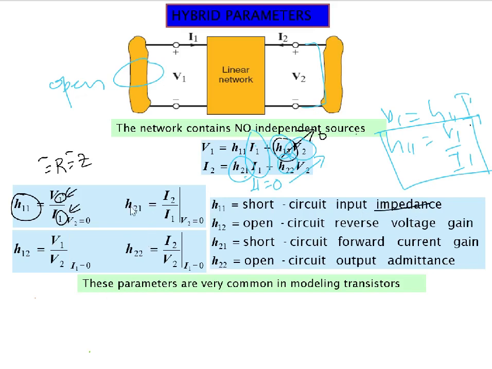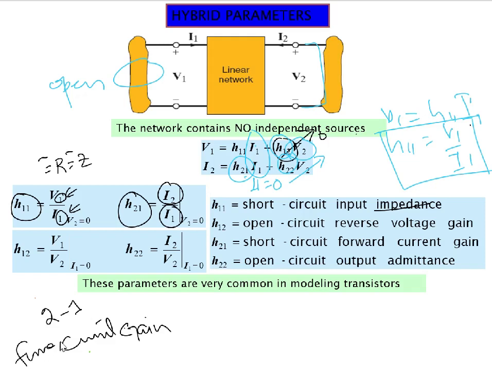If we check this value H21, it is actually I2 by I1, output by input, and both are currents, which makes it a current gain, and since it is output by input, it is the forward gain.